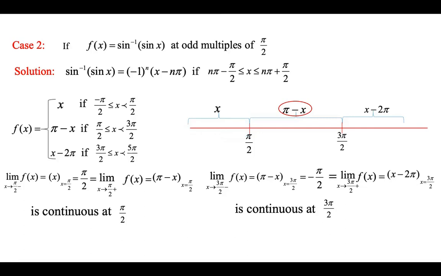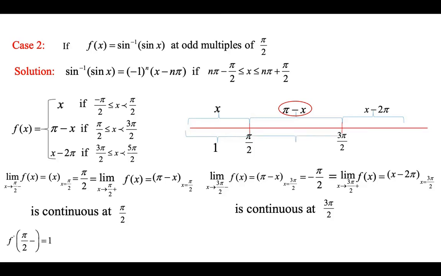Now you see, in the same line above, on the left side of pi by 2, in the below part I am writing the derivative of x, which is 1. So the left derivative at pi by 2, that is f dash pi by 2 minus, is nothing but 1, right?